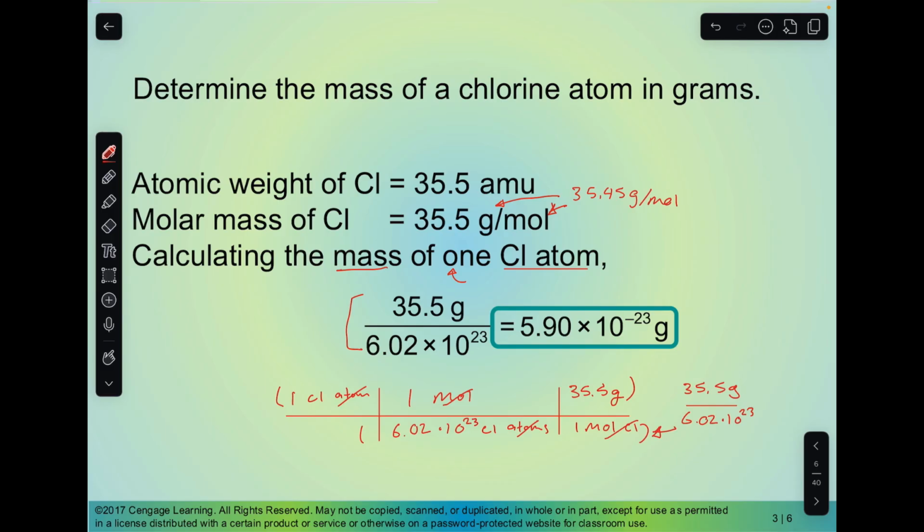That's just the number because we have already canceled out the units. And that is going to equal the answer that's given here, 5.90 times 10 to the negative 23rd grams. So if you are confused by it, go ahead and try it for yourself, and it should work out just the same.